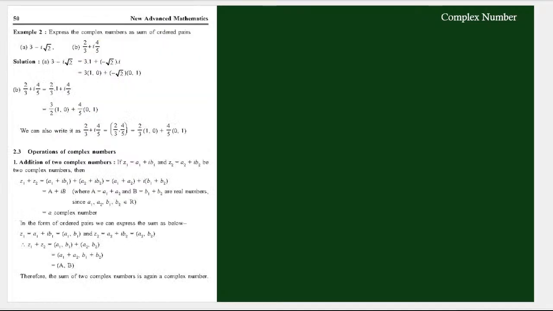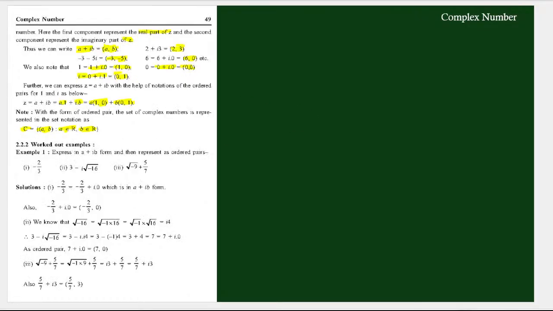Let's try to do number 3. Minus 9 plus 5 by 7. So minus 9 is nothing but root of minus 1 into root 9, plus 5 by 7.